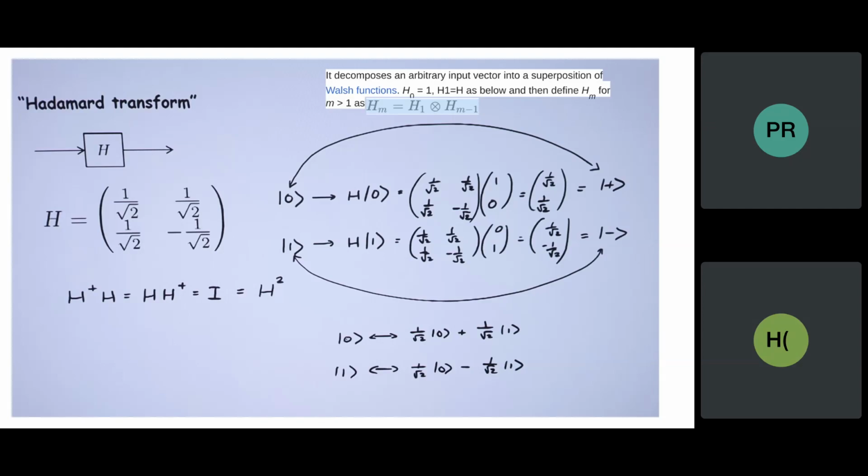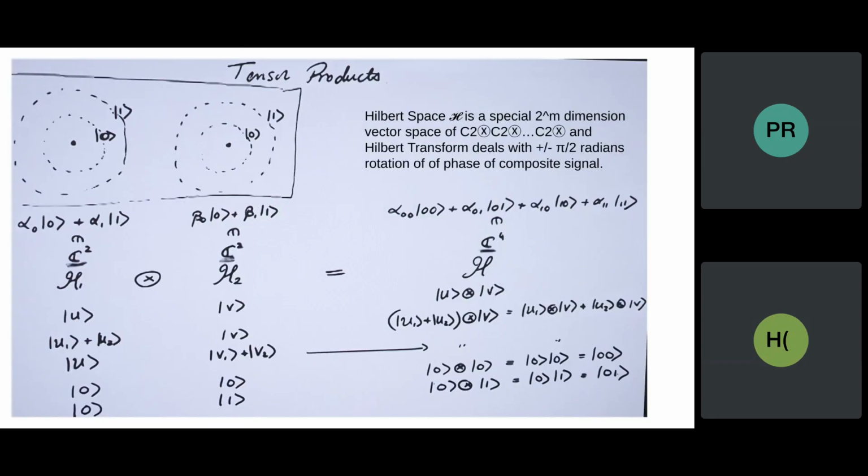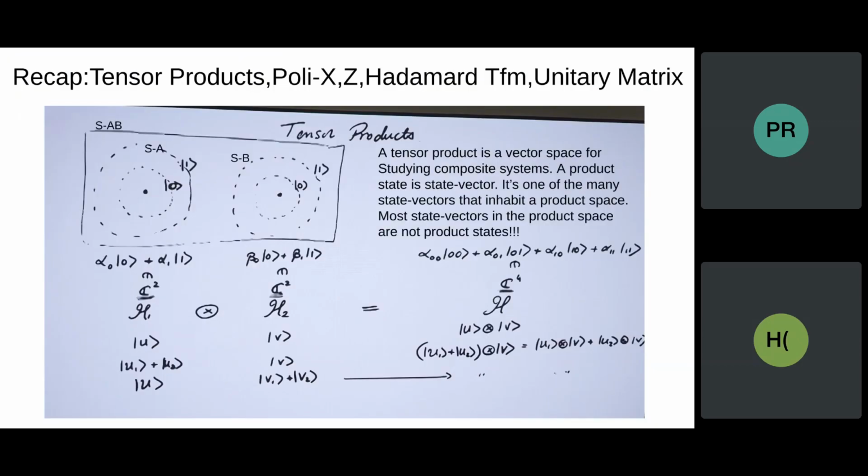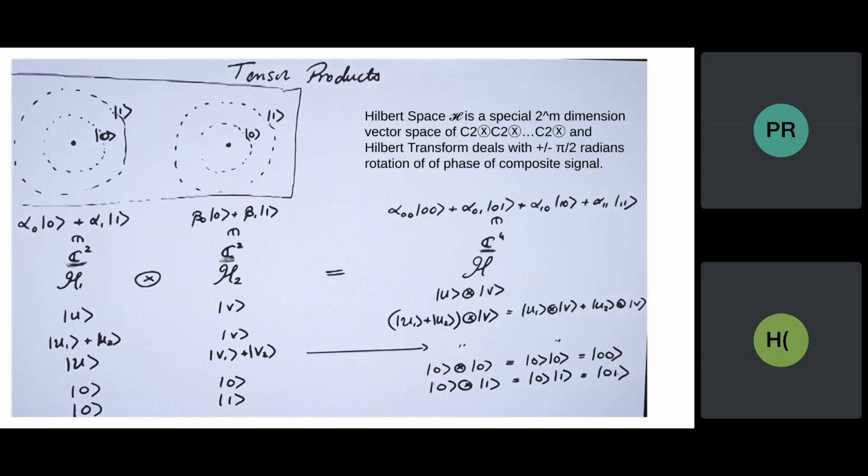So if your state product space basis is changed, that is the Hadamard portion of it. So remember the three H's, which are very critical and which will cause a lot of confusion. But we started with tensor products, and tensor products in Hilbert space have dimension 2 raised to n. That is the dimension for n electrons, you can say, or n photons, whatever, particle or wave, whichever way.